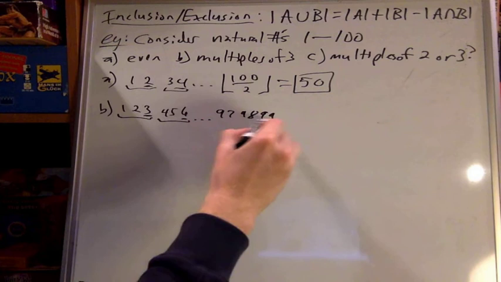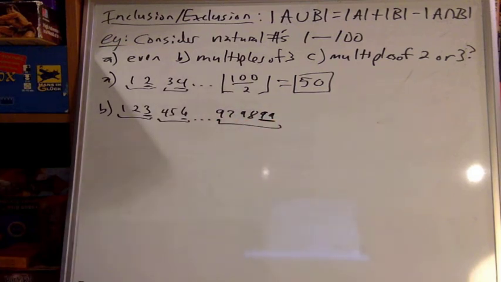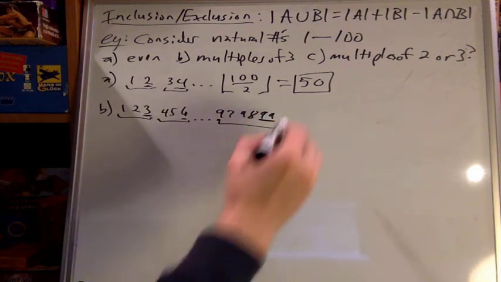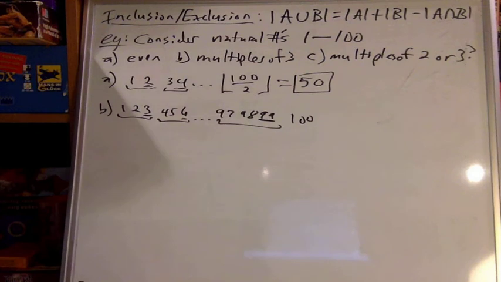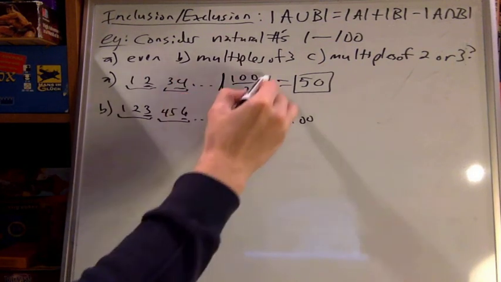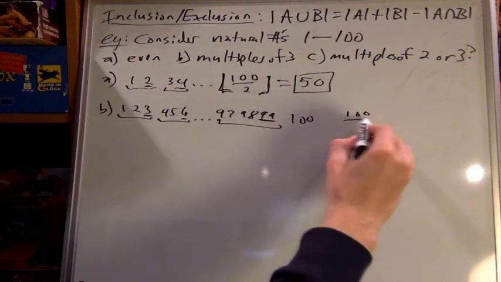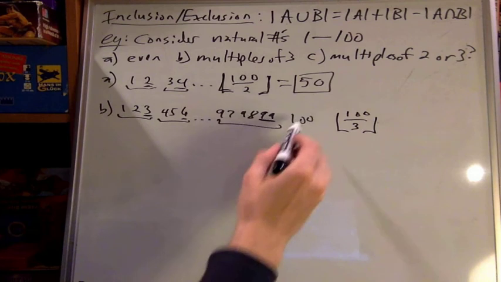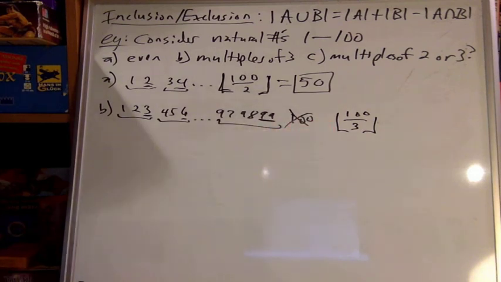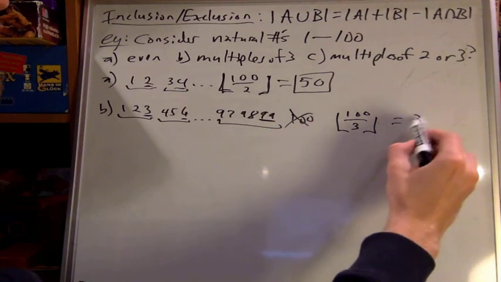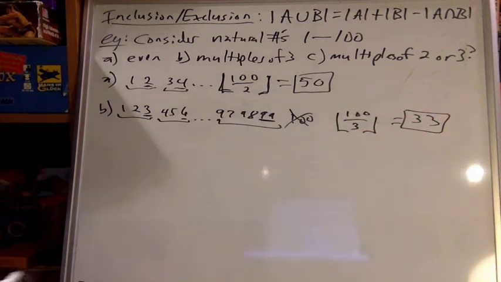Well, that's going to be one of my triples. But then 100 doesn't fit into a triple. And this is, again, hopefully you'll see now why we have to have this floor. To find the number of multiples of 3, I'm going to have 100 divided by 3, and I'm taking the floor because I don't want to count that guy. And that gives me 33 multiples of 3 between 1 and 100.